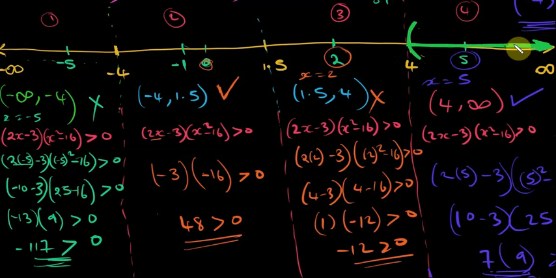Any number in the region from 4 to infinity will meet the given condition, and any number also in the second region from -4 to 1.5, excluding these zeros, all the numbers in there satisfy the condition. So when you plot, you just sketch that.